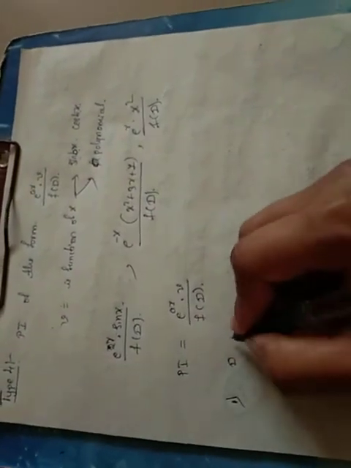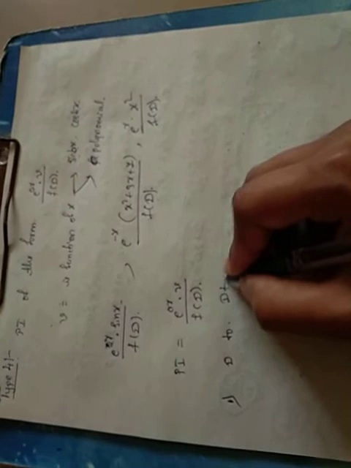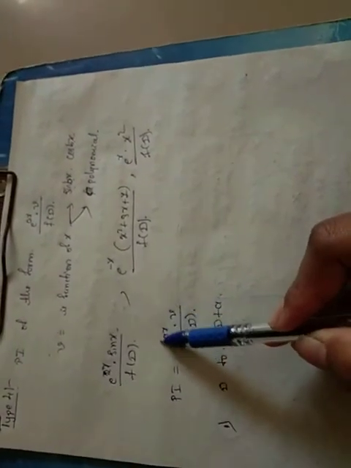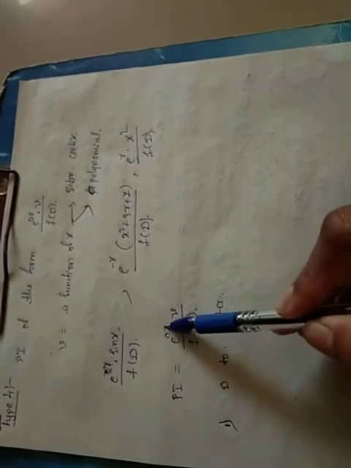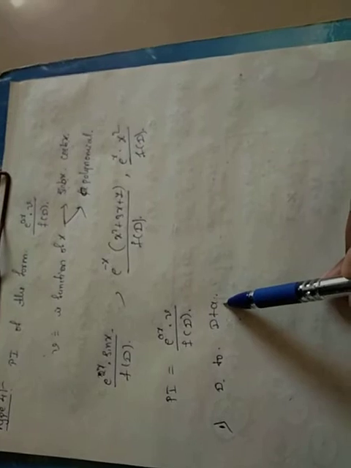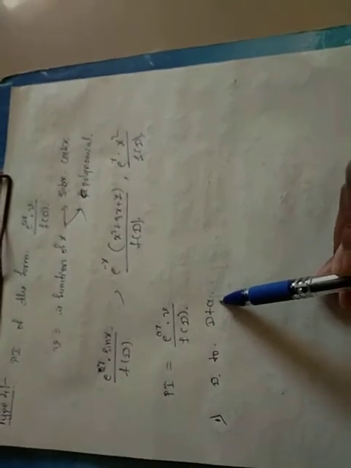So our first procedure is, we have to shift D to D plus a, where a is the coefficient of x. Coefficient of x is a. Shift D to D plus a. That is our first procedure.